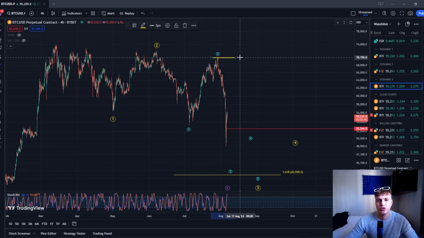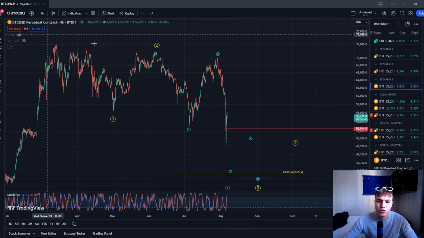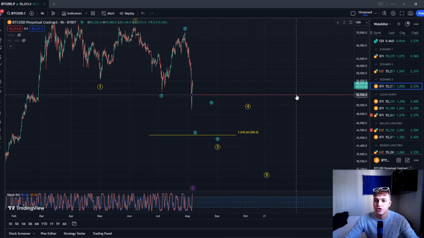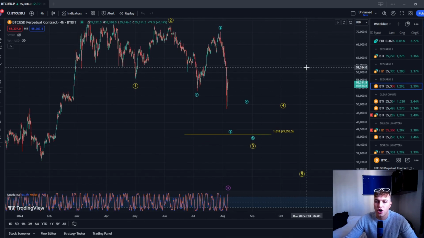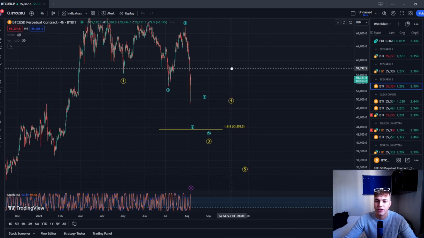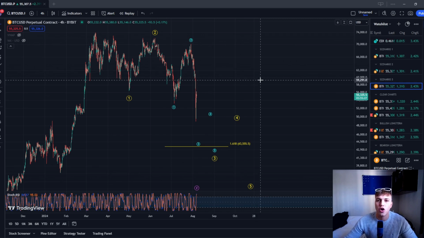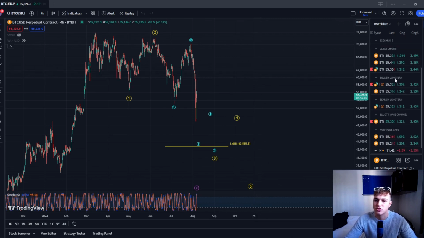This blue wave 2 touched the 886, also an uncommon target for wave 2. So at the moment this is looking unlikely, but I do just want you guys to be aware so that you know that if price falls even lower, this is still a possible scenario. Those are the three scenarios that I wanted to be talking about today.